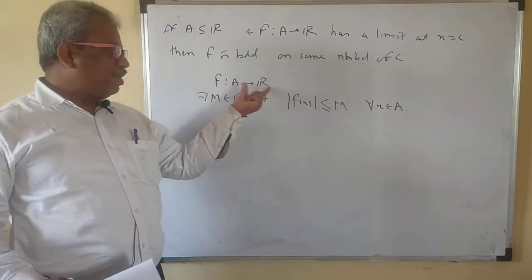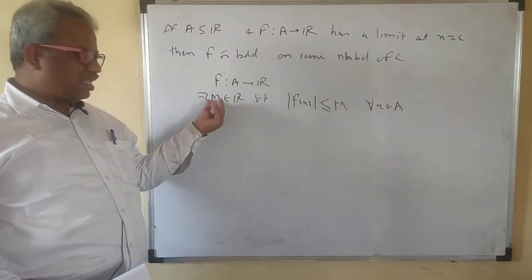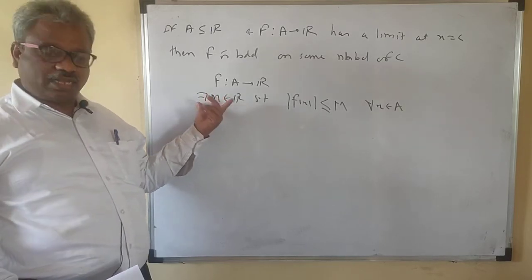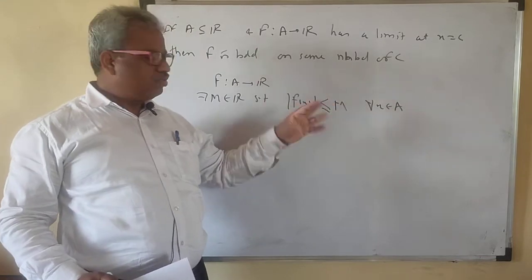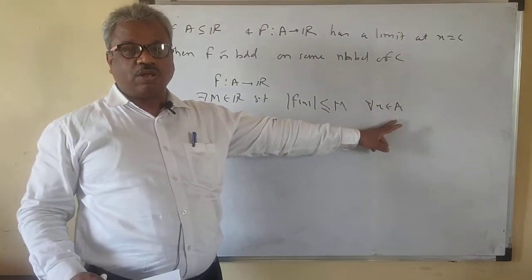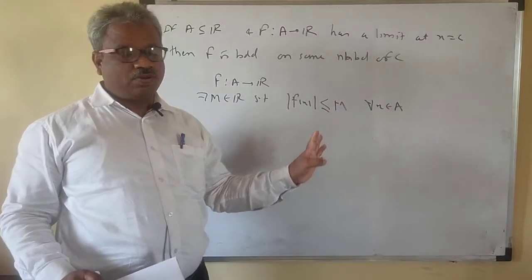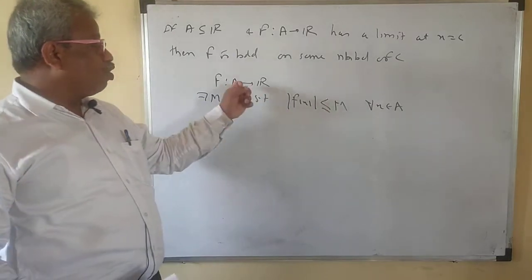This capital M is not important, it is just a real number, maybe alpha. But this should be true for all x from the domain, not for some or not in a neighborhood.